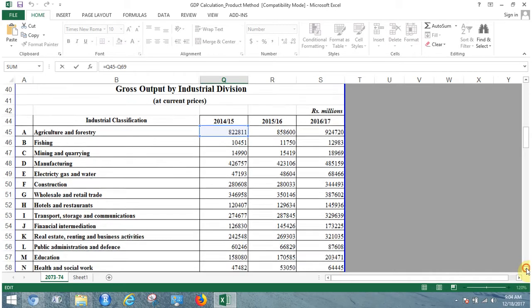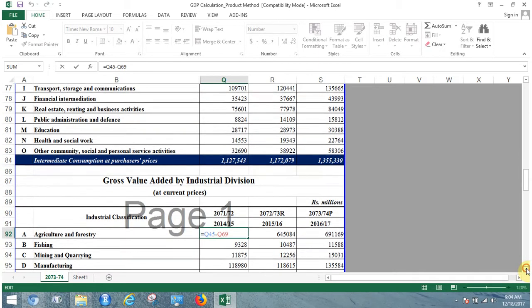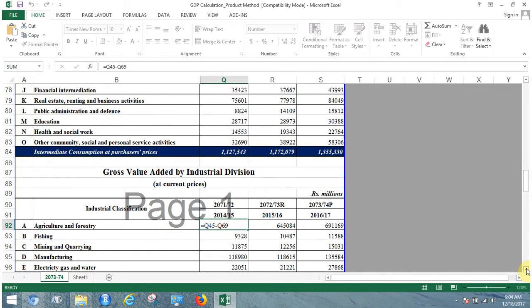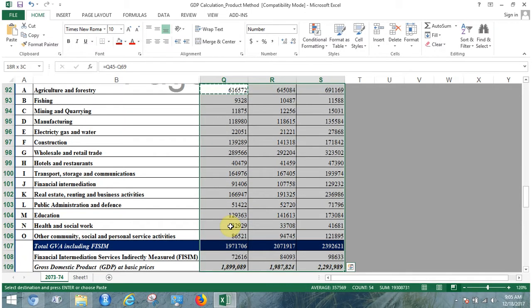So the gross value added of the agriculture and forestry sector appears to be 616 billion. Now we use the same approach for all the 15 subsectors, and the gross value added is found.